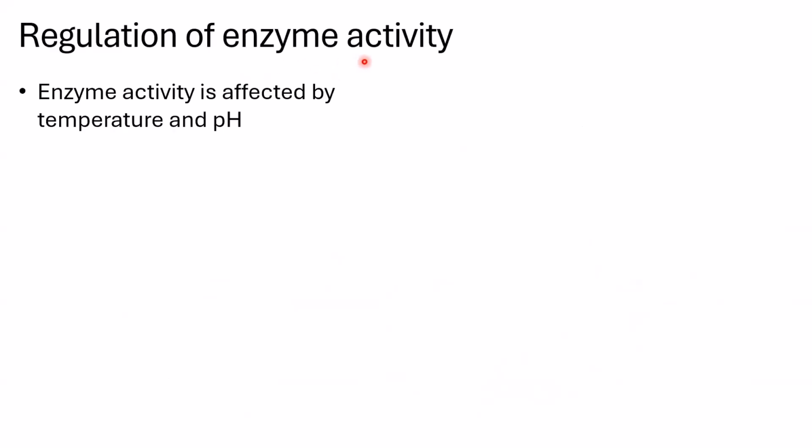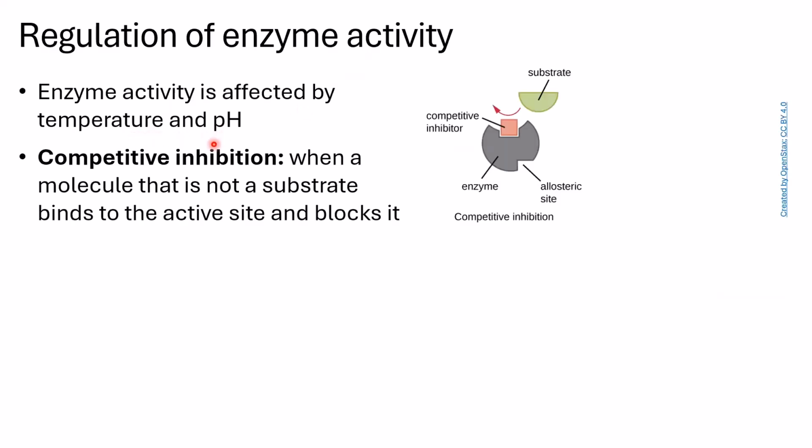Enzymes can be regulated in multiple ways. As previously mentioned, enzyme activity is affected by temperature and pH. Its active site can also be physically blocked by something called a competitive inhibitor. Competitive inhibitors essentially directly compete with the substrate to bind at the active site. However, since they are not substrates, no reactions would occur, and the inhibitor does not change.